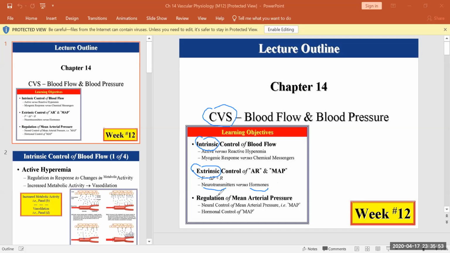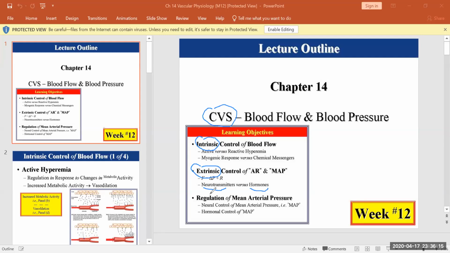And the last pillar of the lecture is about how to regulate this concept that we call mean arterial pressure, MAP, affectionately called MAP, but this has nothing to do with the regular map, right? So this MAP is extremely, extremely important.